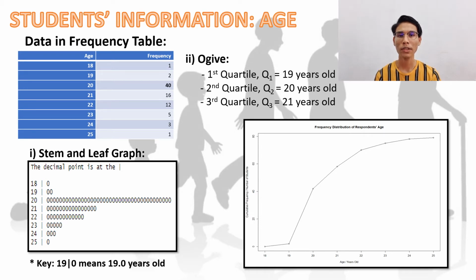For the stem and leaf graph, the key 19.0 means 19.0 years old, and the summary can be seen on the frequency table, with a mode of 20 years old. Next is the ogive. As we can see, the first quartile is 19 years old, the second quartile or the median is 20 years old, and lastly the third quartile is 21 years old.